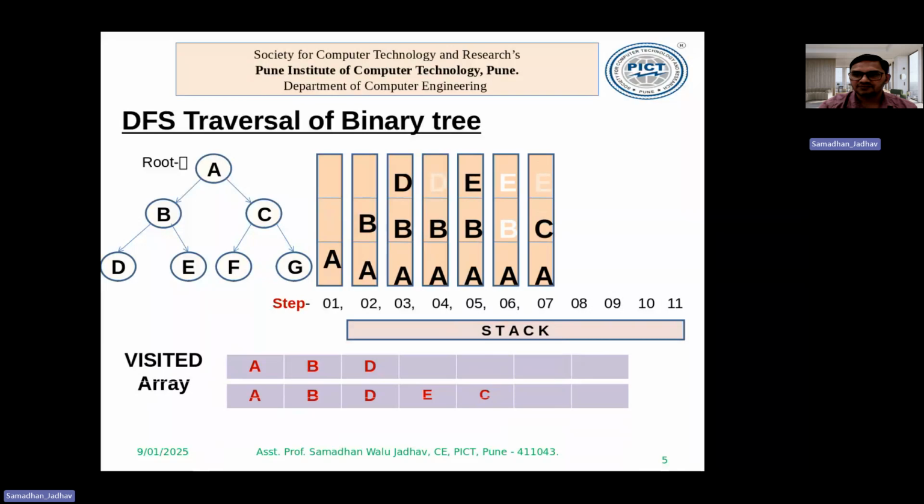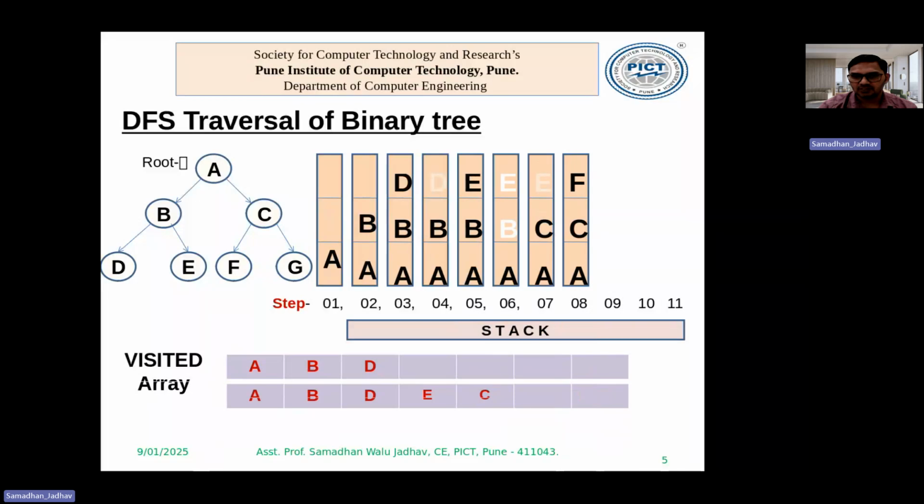There are two children for C, F and G. So push any one on top of the stack. C has a child F, so it is pushed onto the stack as well as copied to visited array.